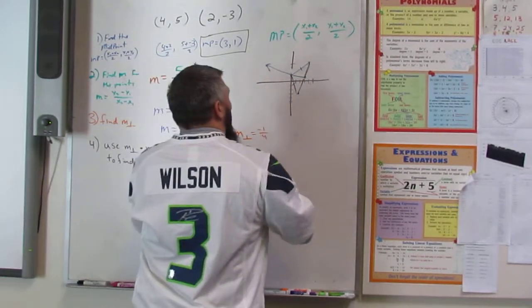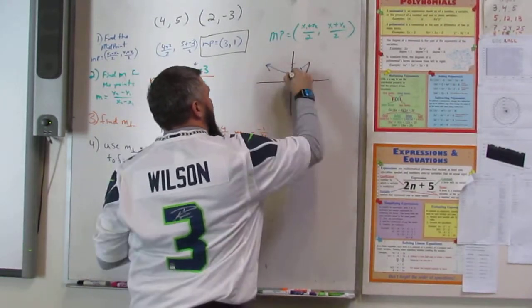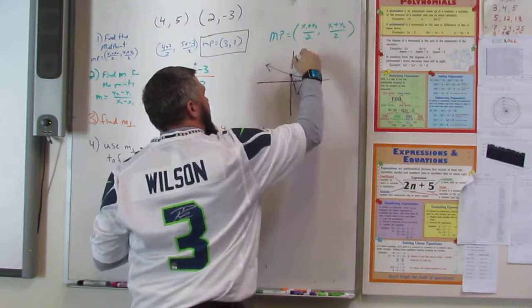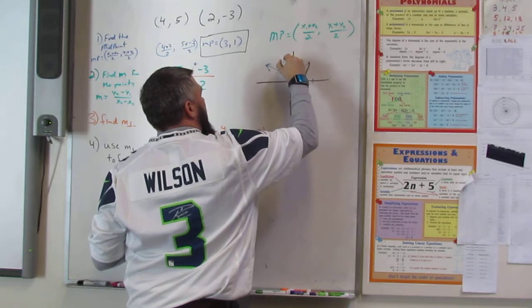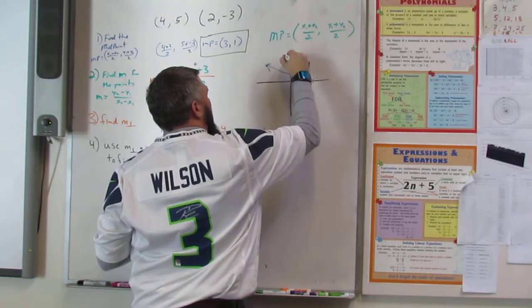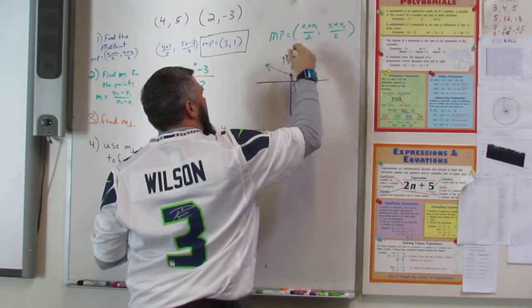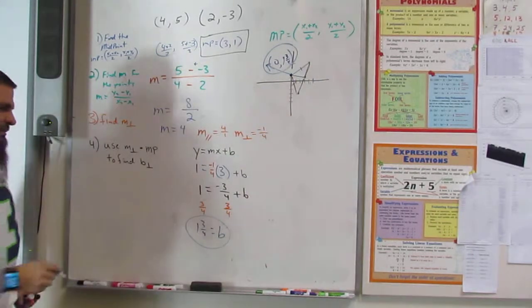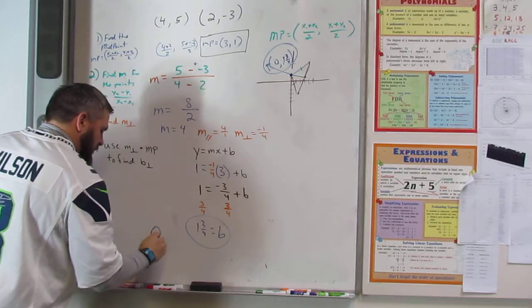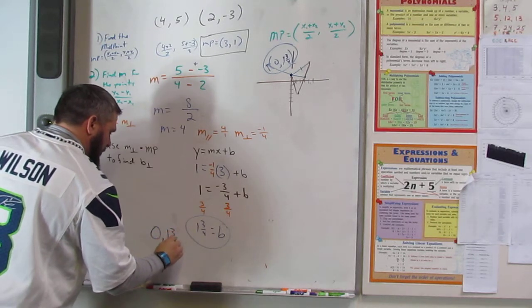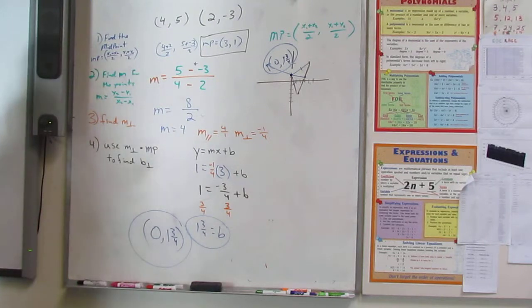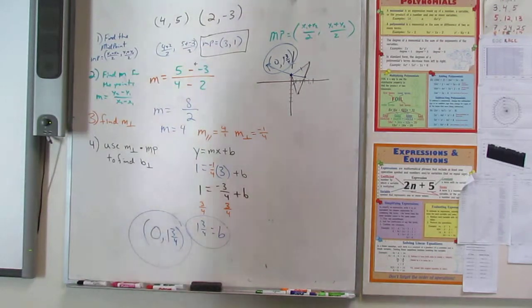Now if this is 1 and 3/4, correct? If this is 1 and 3/4, then x is 0, and that's my point. Which one's this? Problem number 3, the isosceles triangle one.